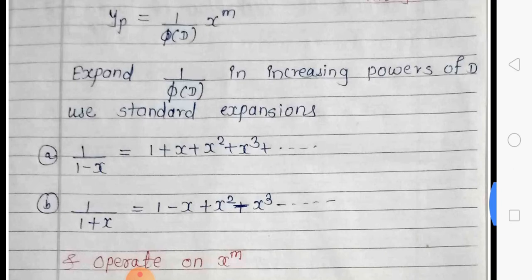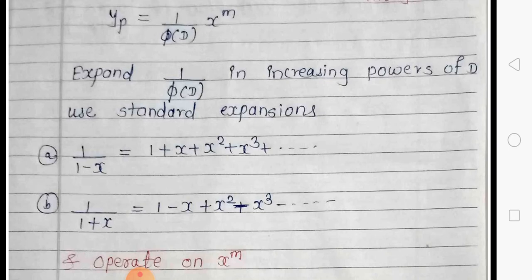But if in the denominator there is no constant term, then we take the lowest degree term of d outside. If we take the lowest degree term outside, then we get the function in the form of 1 minus x or 1 plus x, or 1 minus function of d or 1 plus function of d.